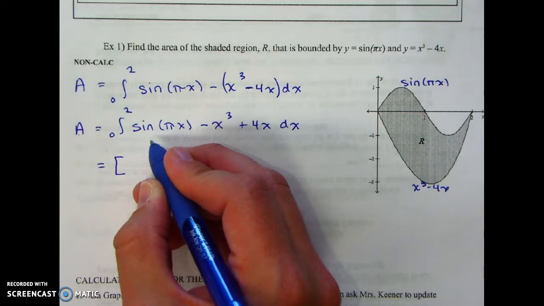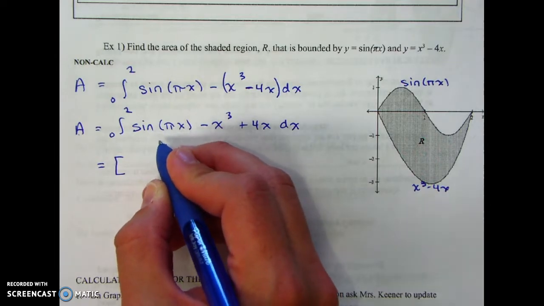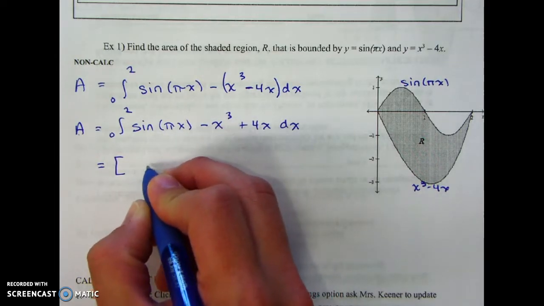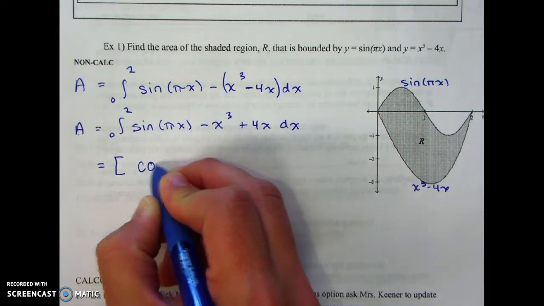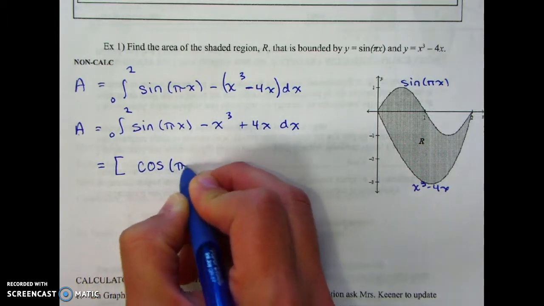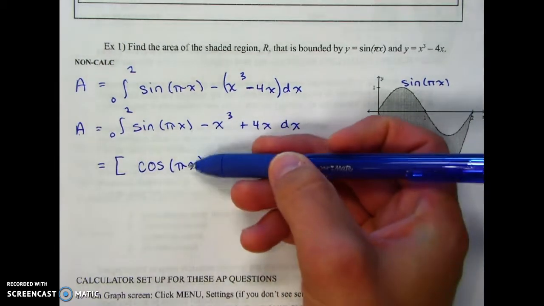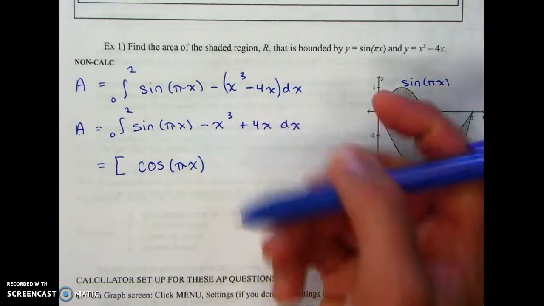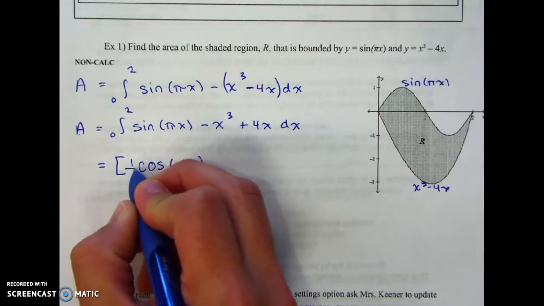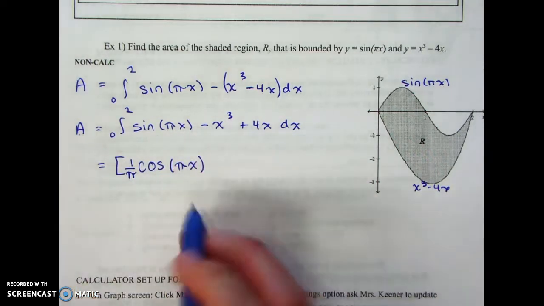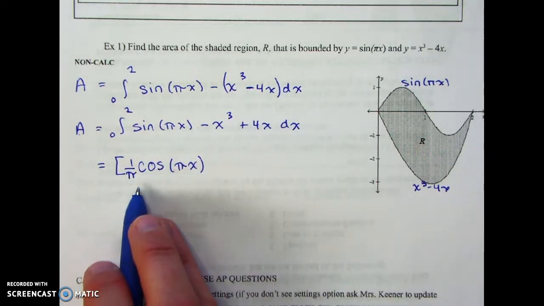What's the antiderivative of sine? The antiderivative of sine is negative cosine. And do you see how that's a constant in front of the x? So we're going to divide by that constant. That's the most basic form of u substitution.